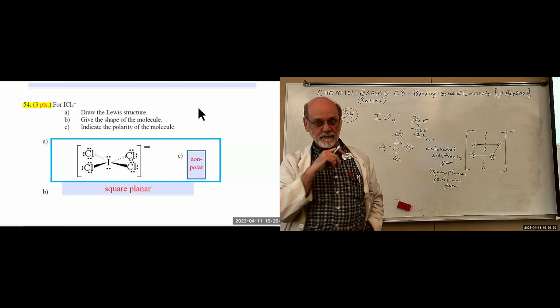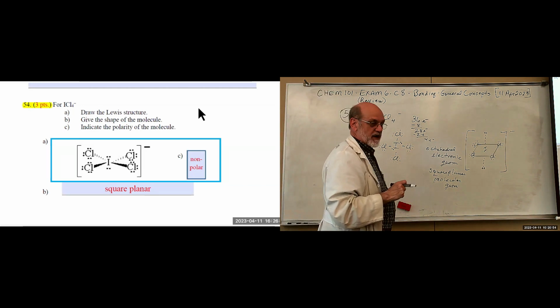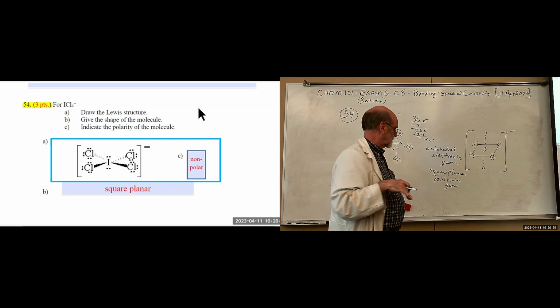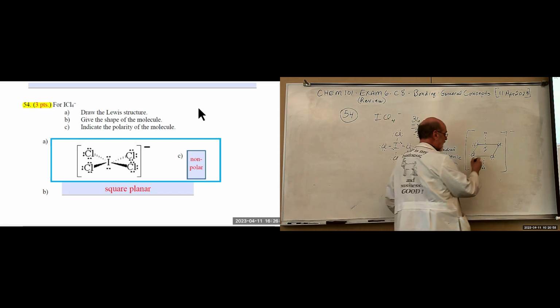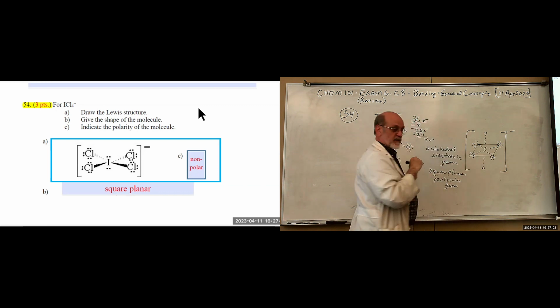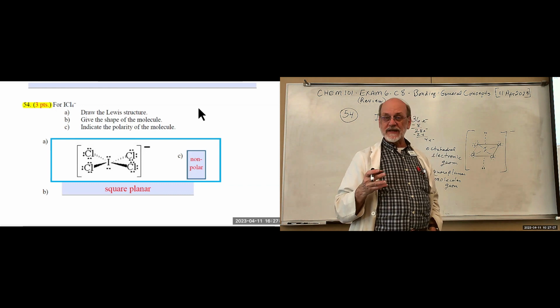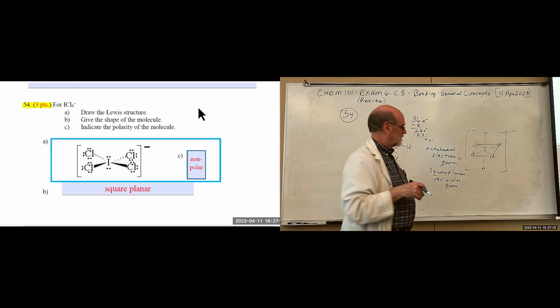Okay. And is the molecule polar or non-polar? Well, the bonds right here would be slightly polar because chlorine is more electronegative than iodine.